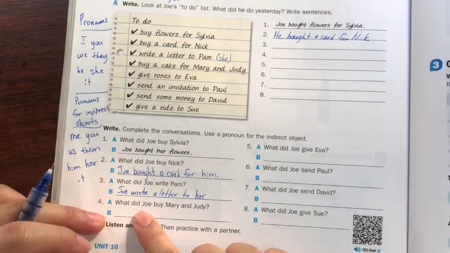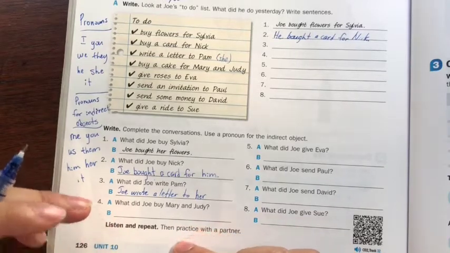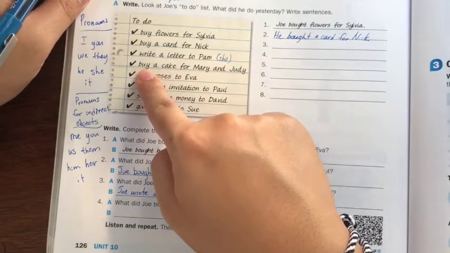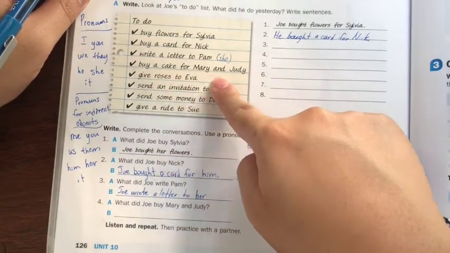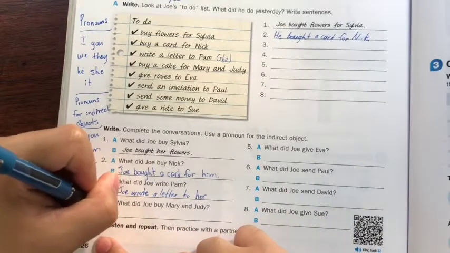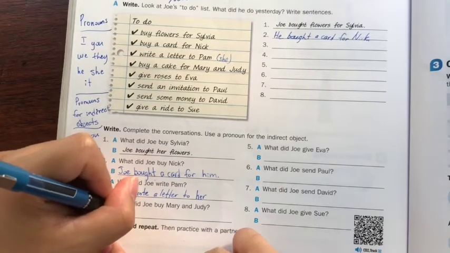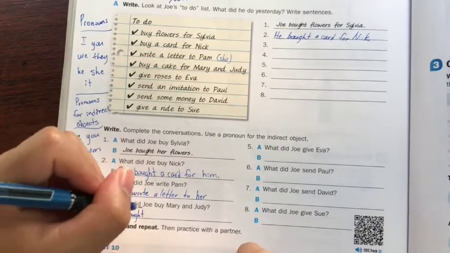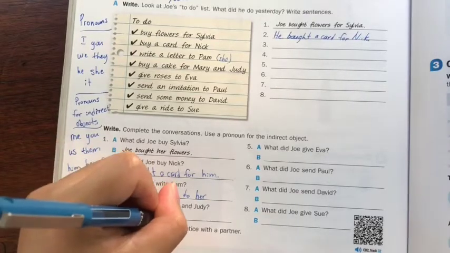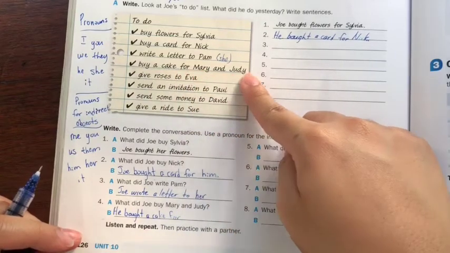Number 4. What did Joe buy Mary and Judy? It says Joe buy a cake for Mary and Judy. Okay, so I'm going to say he bought a cake for Mary and Judy.